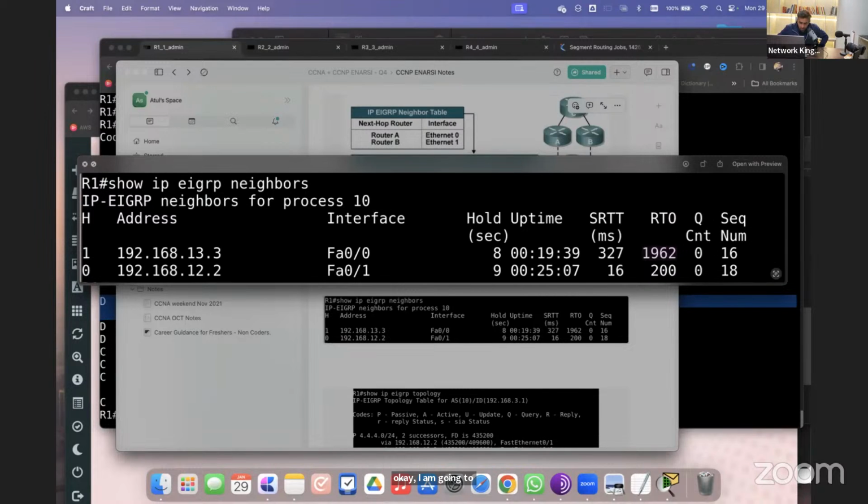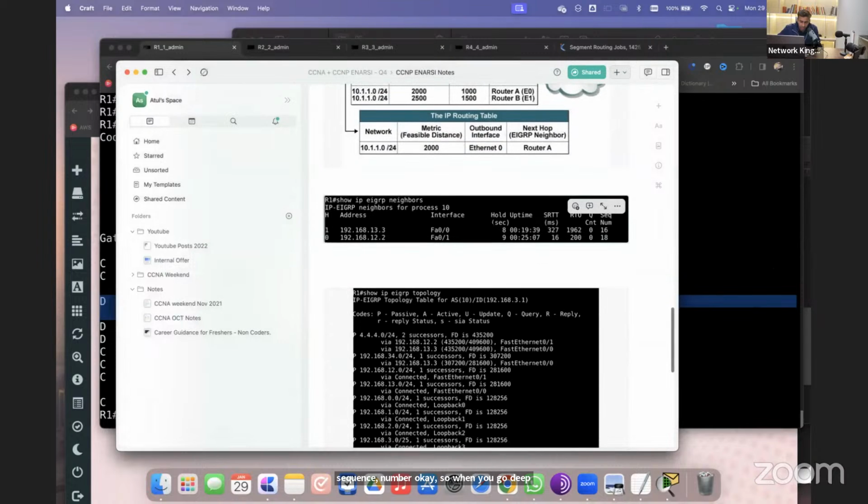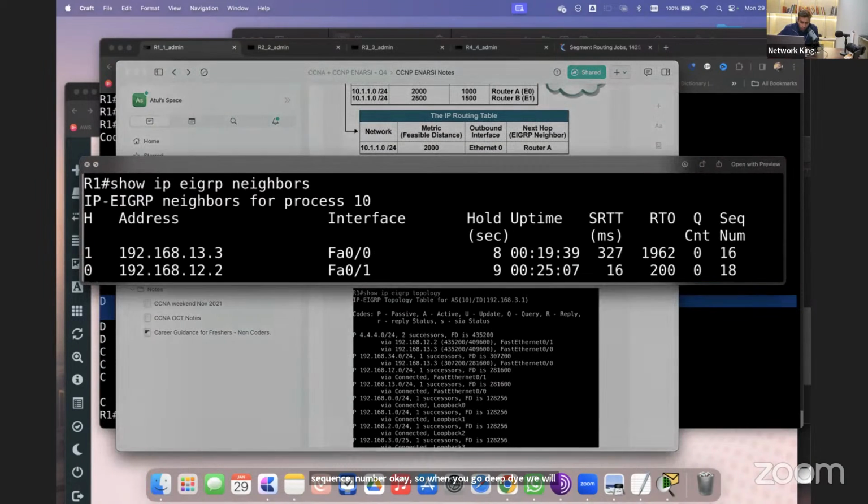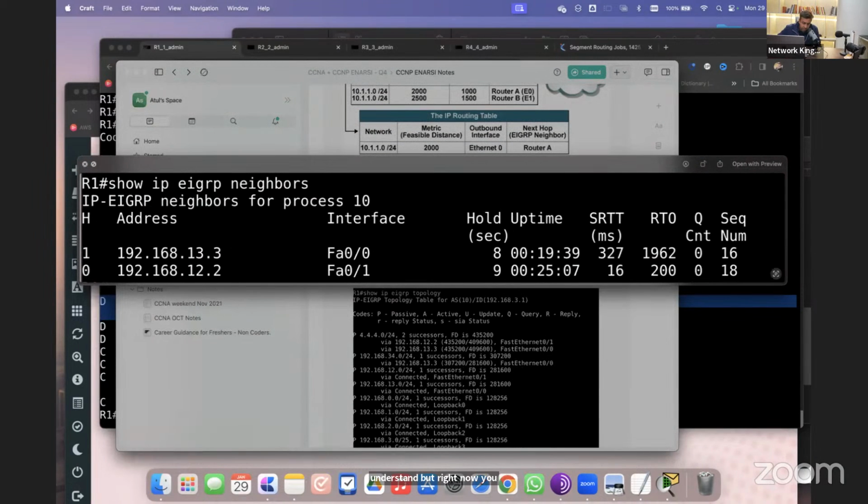We will discuss RTO, this queue count, this sequence number when you go deep dive. But right now you focus. H is nothing, just a number, like a header, a serial number as in an Excel sheet.